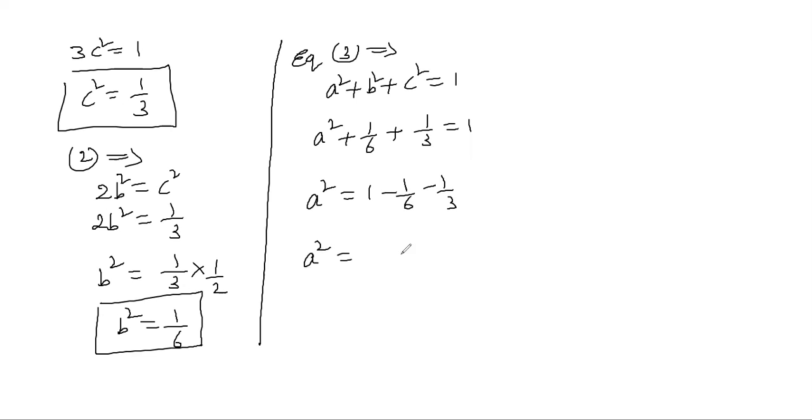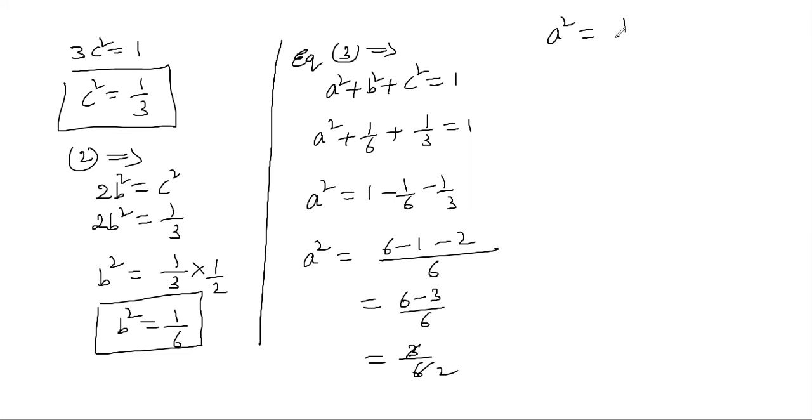LCM is 6: 6 minus 1 minus 2 is 3, so 3 by 6. Therefore a square equal to 1 by 2.